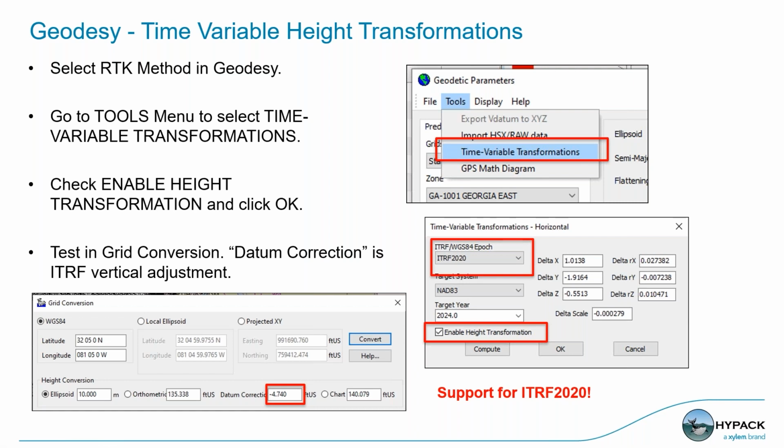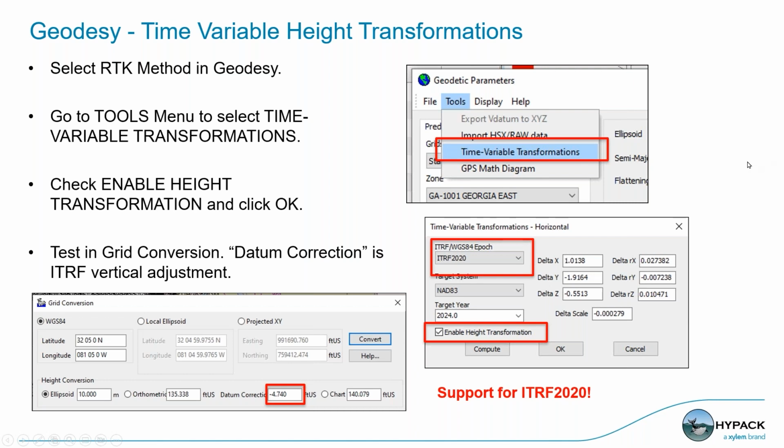We haven't tested in other places, but if we could get folks to send us some coordinates, we'd love to verify that it's all going to work in places outside the US, North America, I should say. But anyway, you would check the Enable Height Transformation option here now. So basically what that's doing is it's calculating an offset from WGS84 to the ITRF 2020 ellipsoid.